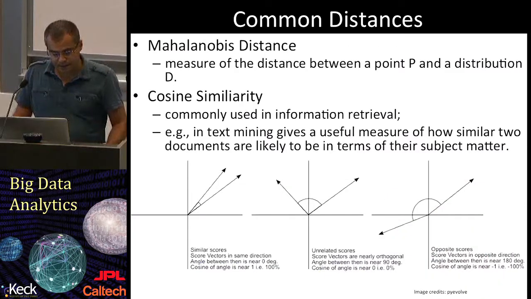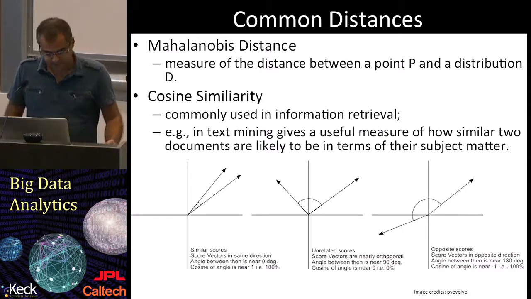Cosine similarity is another distance commonly used in information retrieval. Basically, cosine similarity generates a metric that shows how related two samples are by looking at the angle instead of the magnitude. For example, in text mining, it gives a useful measure of how similar two documents are likely to be in terms of their subject matter.